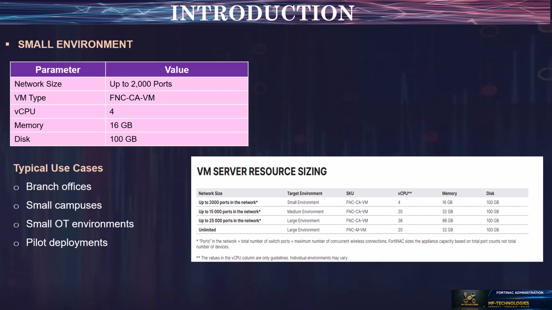These specifications provide enough processing power for device discovery, endpoint profiling, authentication, policy evaluation, and communication with other network infrastructure. Typical deployment scenarios and use cases include branch offices, small campus, small OT environment, or pilot deployment.